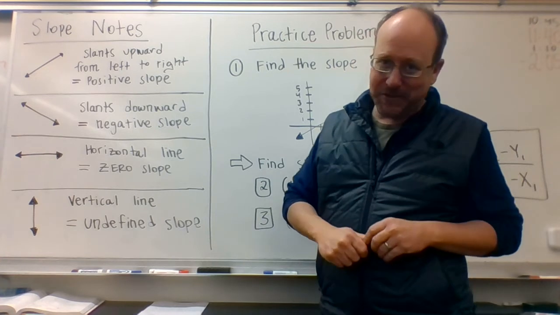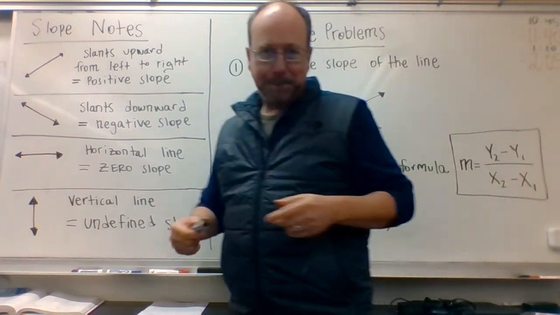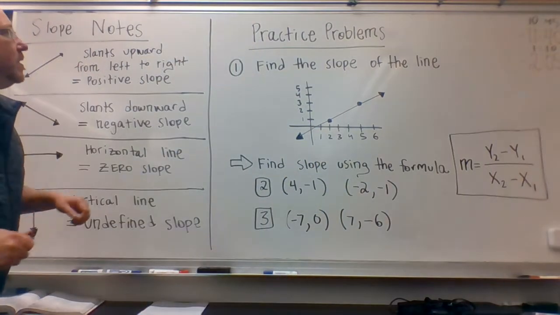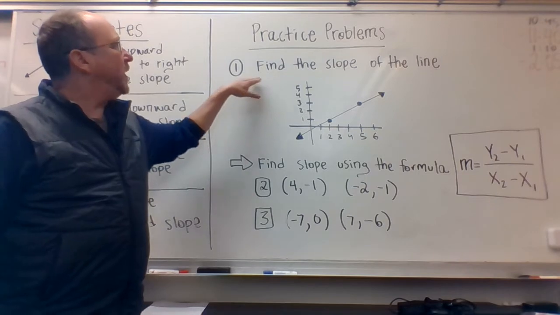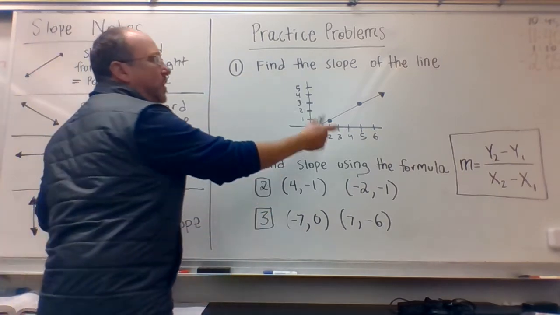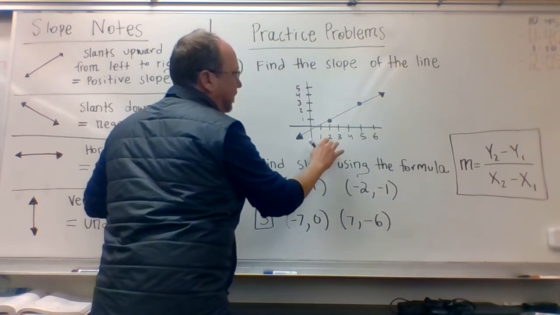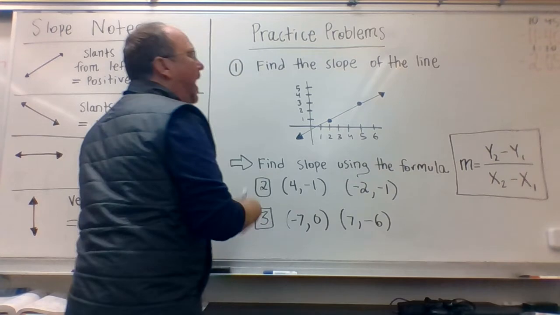So pause right there. Add that to your notes. It's good to know. Your practice problems are, 1, find the slope of a line. So just looking at this graph, I've made the points close by. So it's right there. You count over on the x, count up on the y.